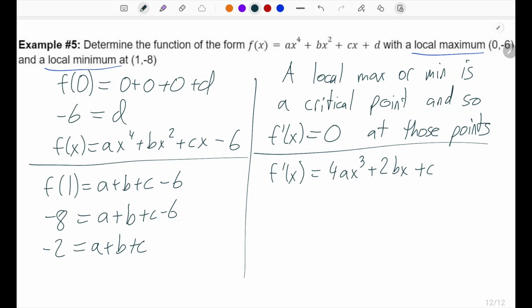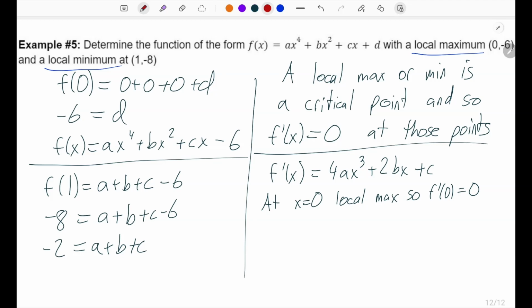All right, and let's plug in some points. So we have our local maximum, I should say, at (0, -6). So what do we know? At x equal to 0, local max, so f prime of 0 is equal to 0.